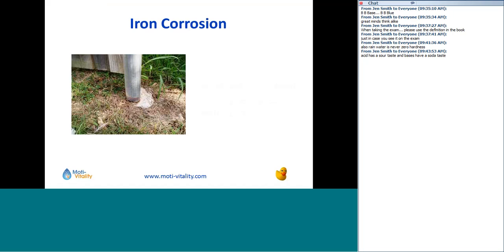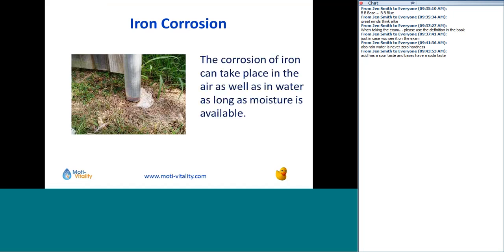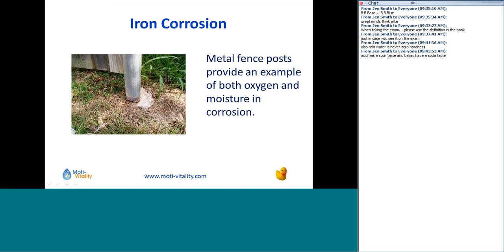So this is a picture of iron corrosion. The corrosion of iron can take place in the air as well as in water as long as moisture is available. You'll notice on this fence post, the amount of corrosion is heaviest right down near the ground.